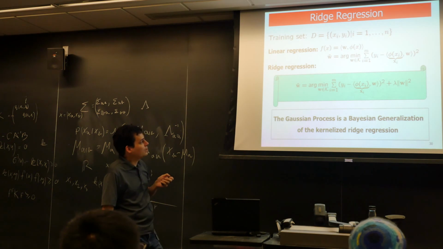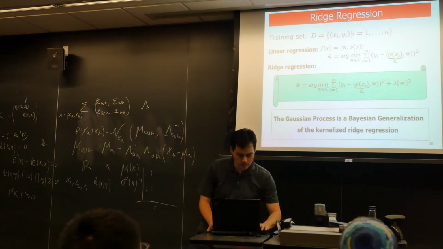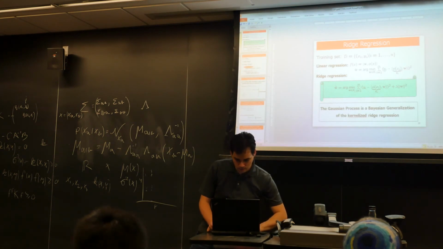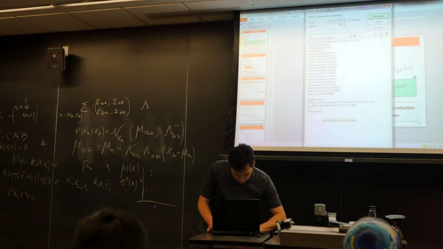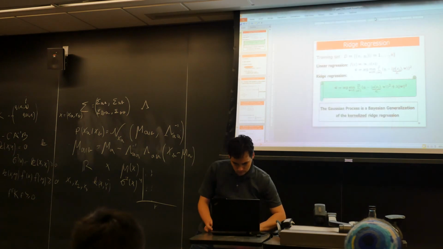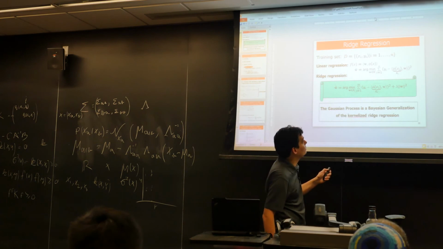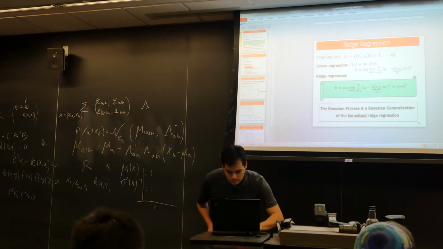In linear regression, I want to find a w in a vector space that minimizes this cost function.